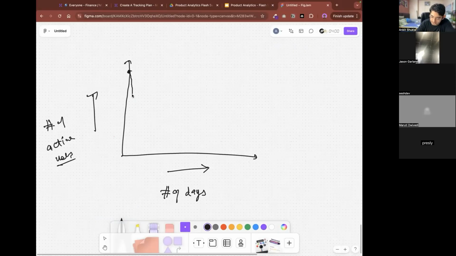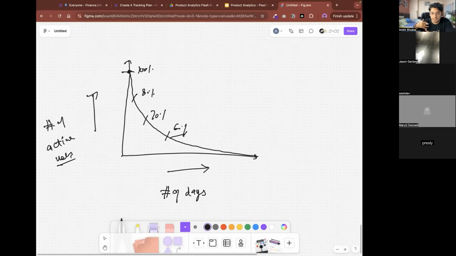But as time goes, people stop using the app. This is called retention. Initially, let's say there were 100% of people using the app. Next day, 80%, then 70%, then 60%. This happens with most apps.